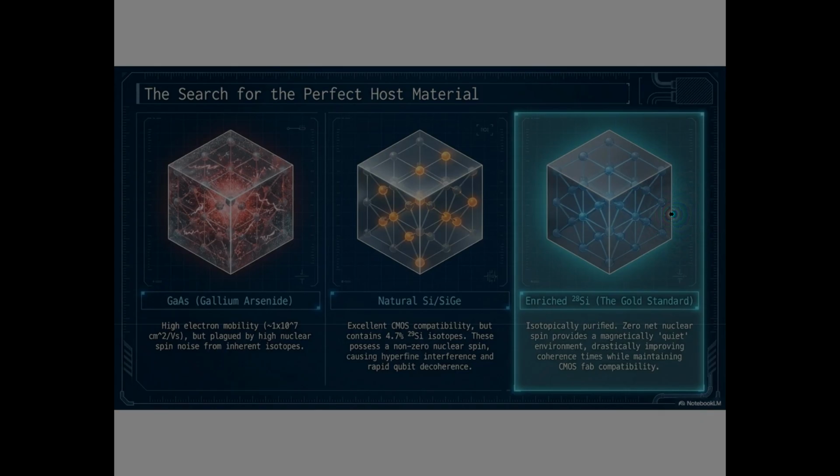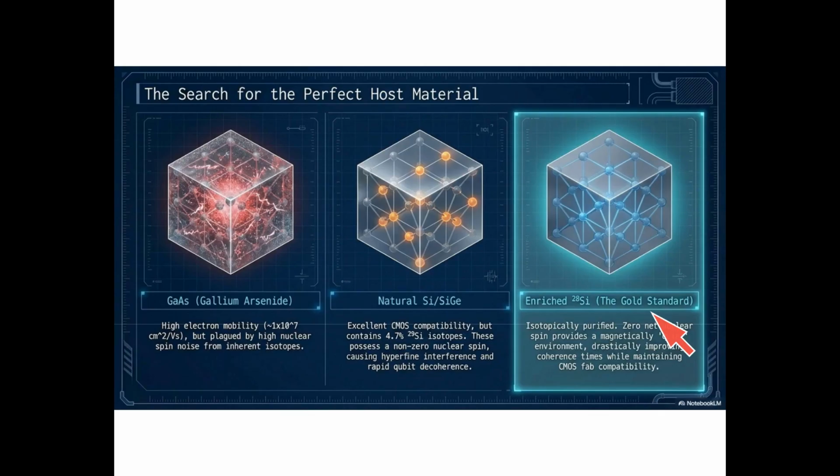Every silicon-28 nucleus has zero net nuclear spin. This creates what the field calls a magnetically quiet environment, dramatically longer coherence times, while remaining fully compatible with standard CMOS fabrication. This material is the non-negotiable foundation of competitive silicon spin-qubit technology.